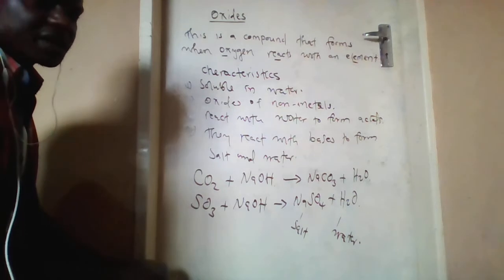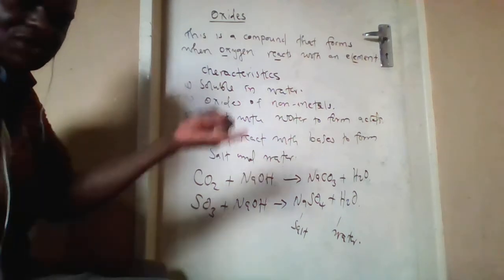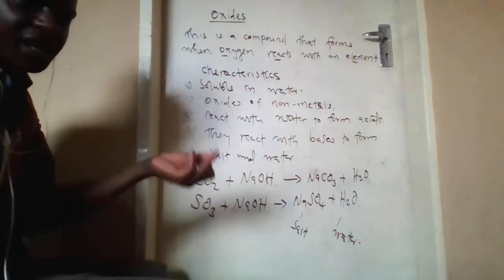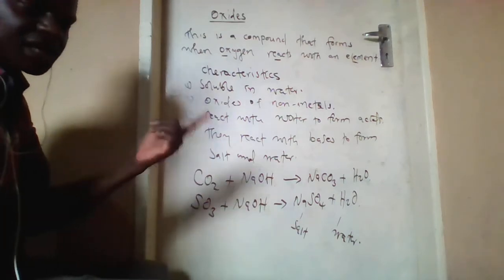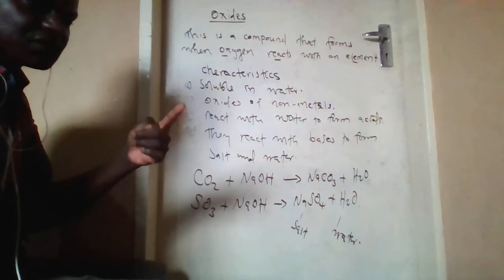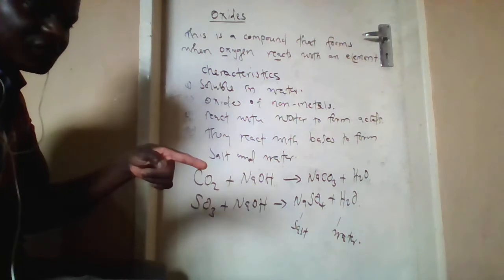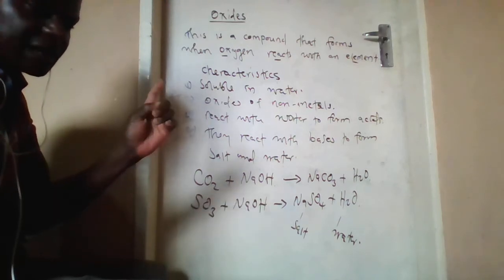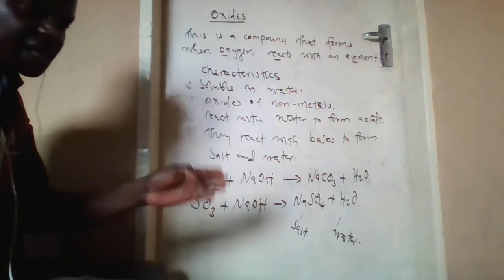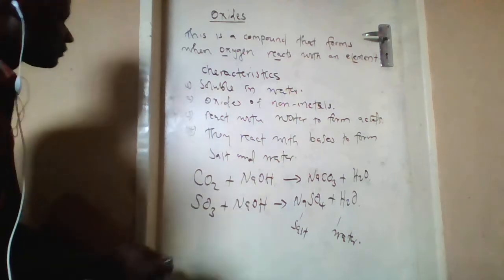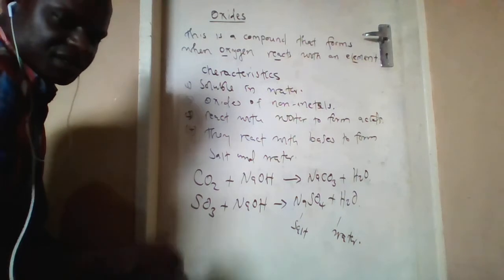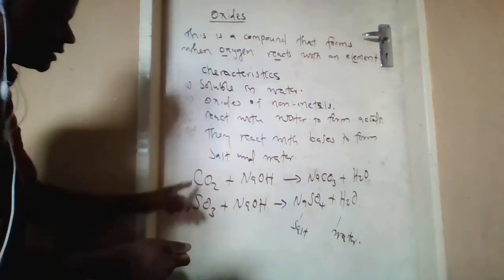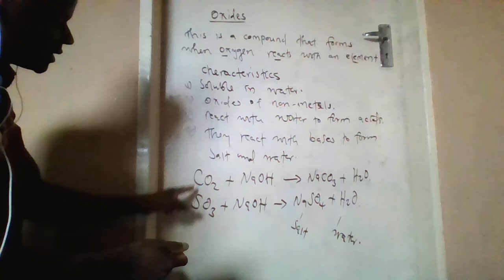So all acidic oxides, one, they are soluble in water. Two, when they react with water, they produce acidic salts. Three is that they react with bases to form salt and water. And then the other one is that all these acidic oxides are oxides of nonmetals.